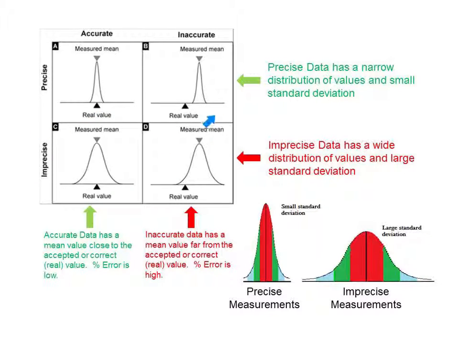And then the last case here is we have inaccurate data because the mean value of our measurements and our real value are way off, we have a high error value, and we have a very broad peak. So inaccurate and imprecise, inaccurate but precise, accurate but imprecise, and accurate and precise.